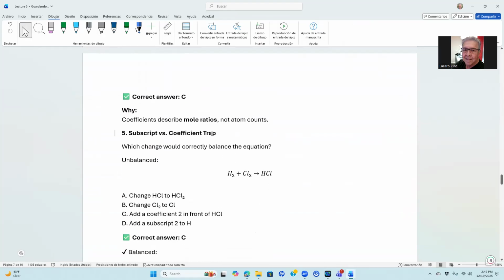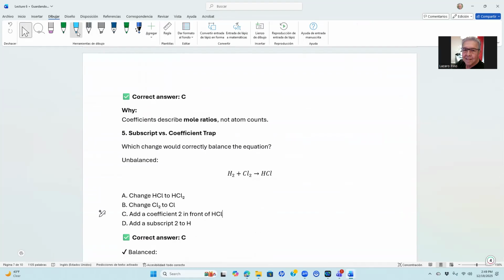Subscripts versus coefficients trap. Which change could correctly balance this equation? No, not this, not this.